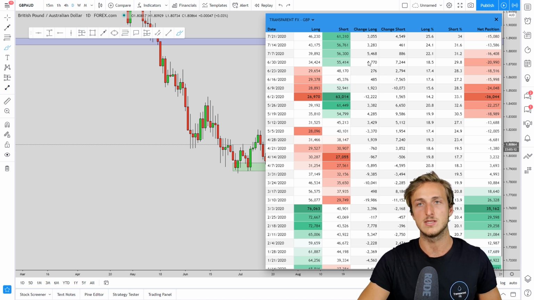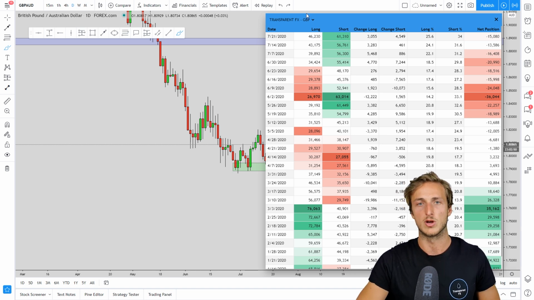And in fact, what you can see here is that they added first 4.7K, then another 5.4K long positions. So more longs are getting added than shorts, and net positions are increasing. And the longs, you can clearly see that they increased. We went from 26K all the way up to 46K on the pound from an institutional perspective.